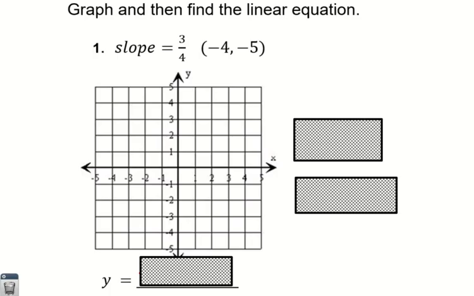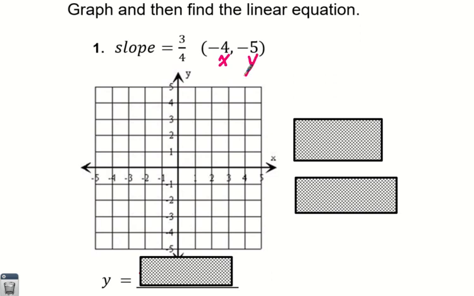So here's our first official example. Graph and then find the linear equation. There's at least one more dimension here. We have to take this slope and this point. First we draw the line. It's got to contain -4, -5. Remember, this is x coordinate, y coordinate.